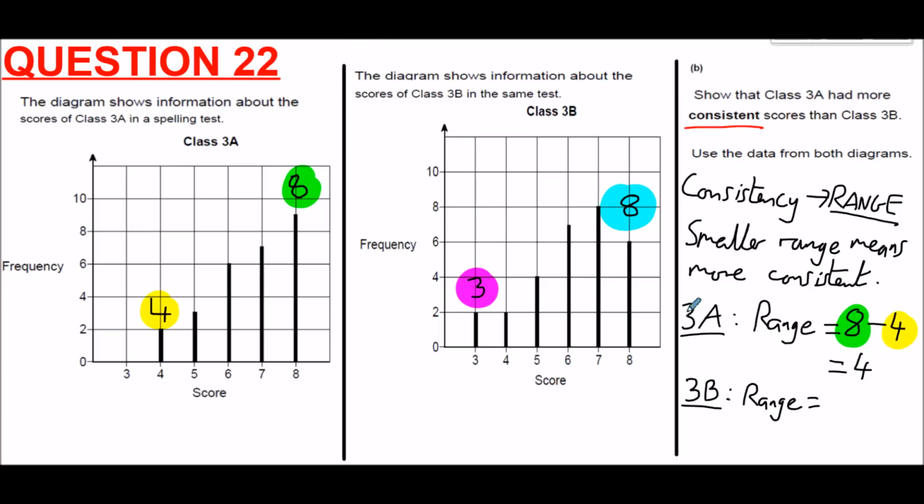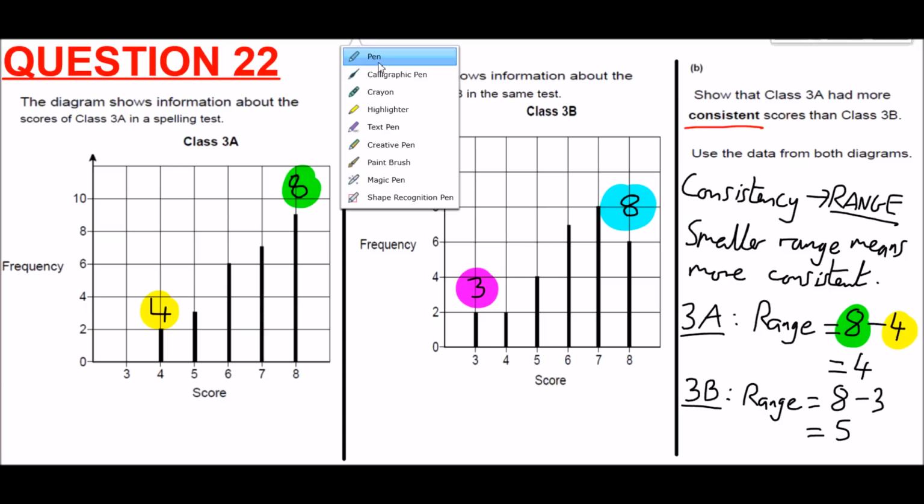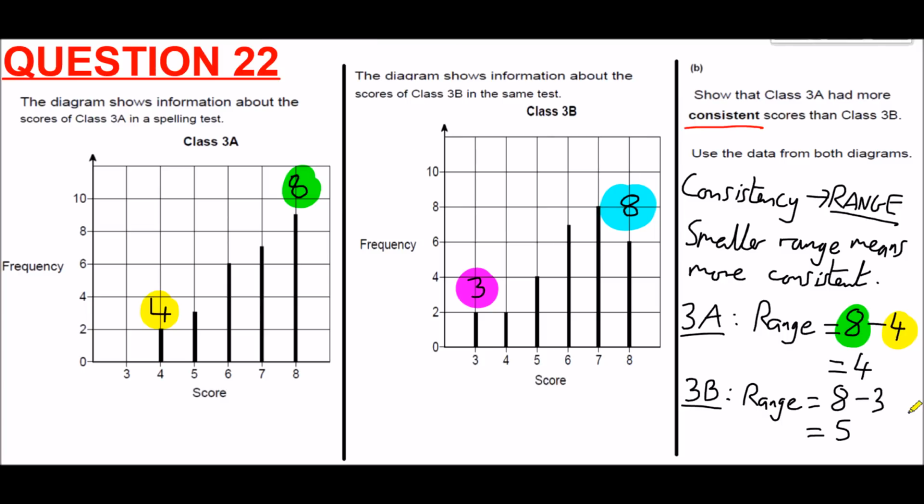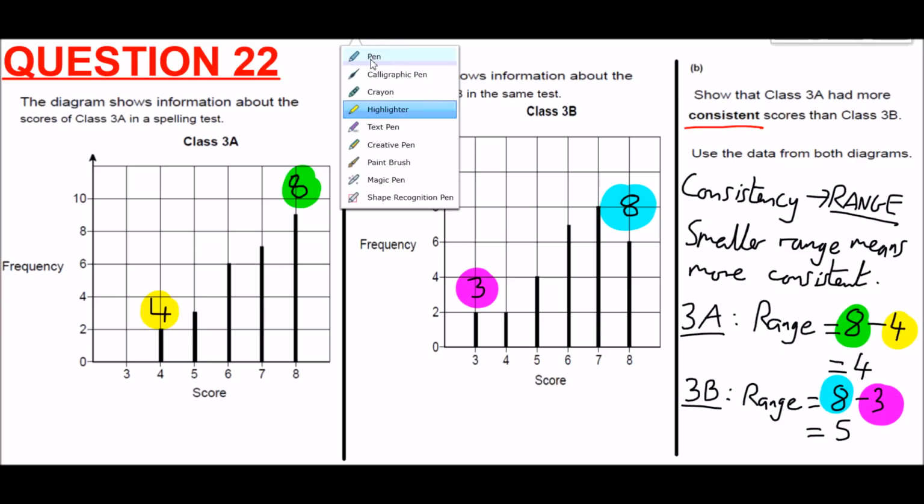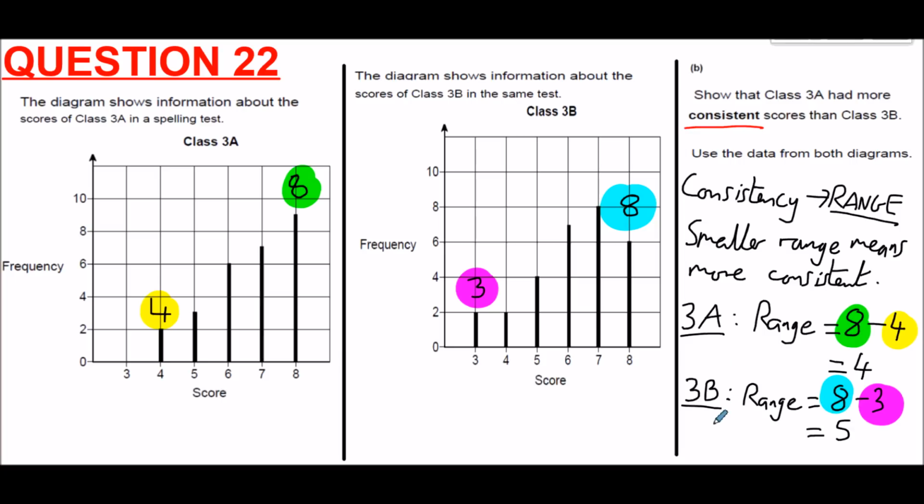So for class 3B, the range is 8 take away 3, which is 5. So class 3B had a higher range. So because class 3A had the smaller range, it's more consistent.